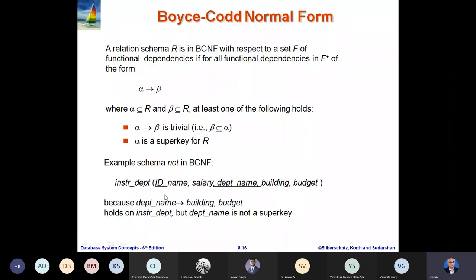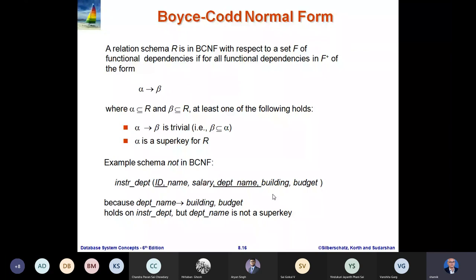It is only to let us focus on these cases that we have this ID, name, salary, department name, building, budget. Here we see that department name functionally determines building and budget. So we are making an assumption here that the building will be fixed for a department, and a budget also will be fixed for a department.